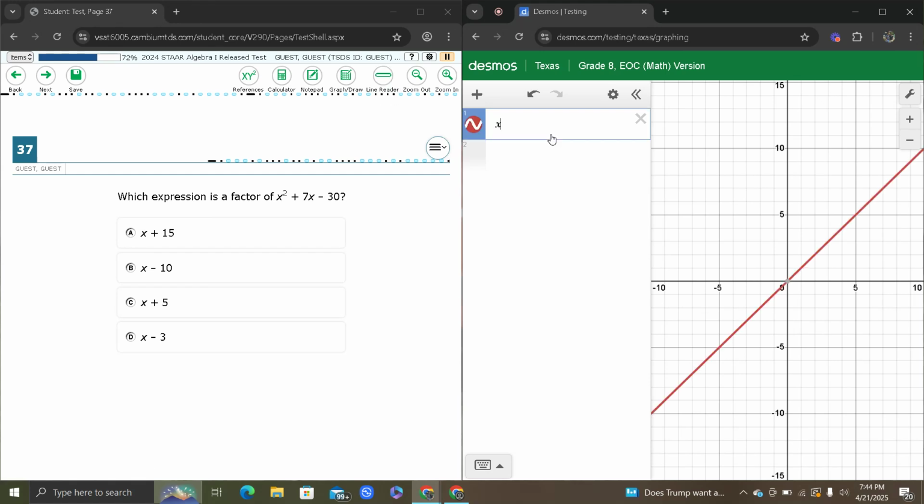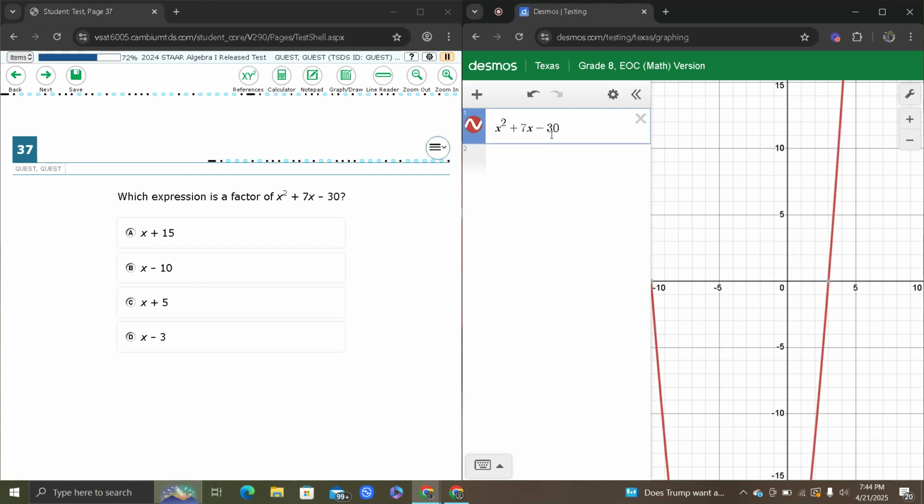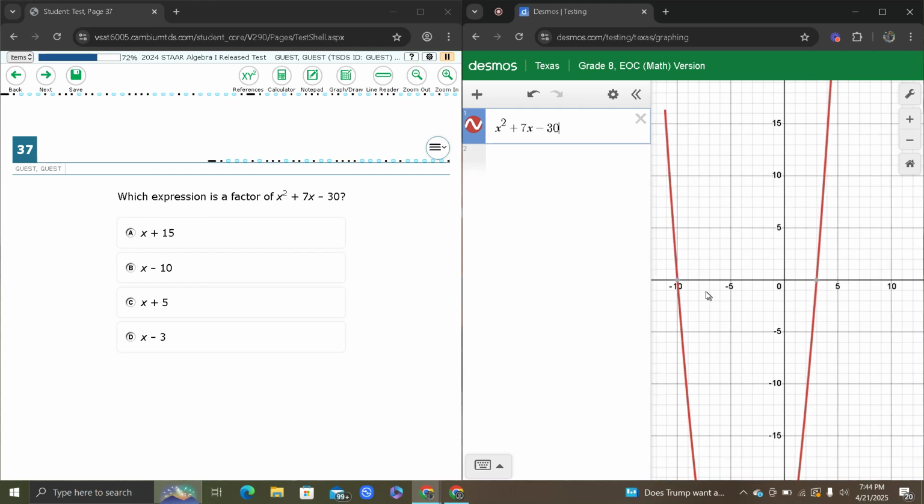So you're going to do x squared plus 7x minus 30. If it was asking for a root, it would be negative 10. But it's not. It's asking for a factor. So all you're going to do is get your 2 x's and write them out. So let me get a graph.